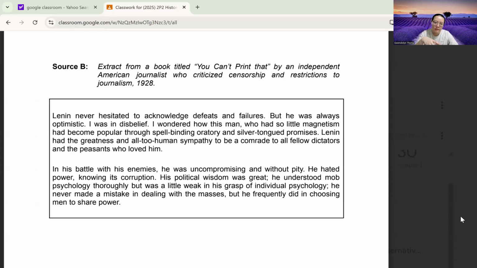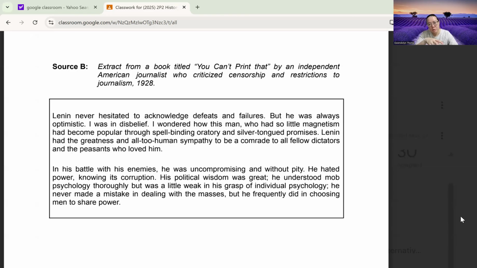Okay, we're looking at a context where we have a leader who is uncompromising with his enemies, and yet he's politically wise, and he never made a mistake in dealing with the masses. But he sometimes made mistakes with sharing power.